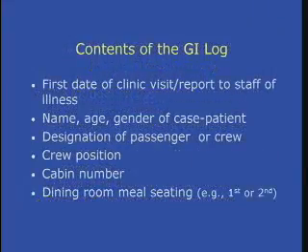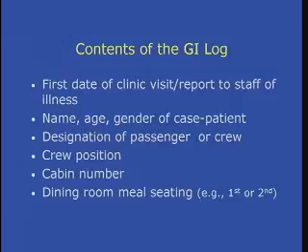Contents of the GI log. The data elements that are required to be collected in the GI log include the date the case first reported to the clinic or reported to the medical staff, the case patient name, age, and gender, the designation of whether the case is a passenger or crew, if it's a crew member, the crew member position, assigned cabin number, as well as assigned dining room meal seating.